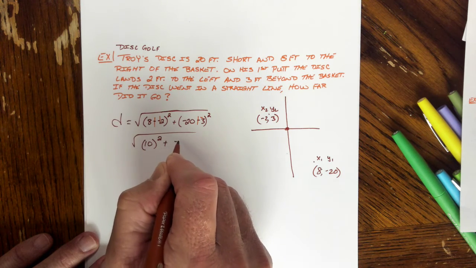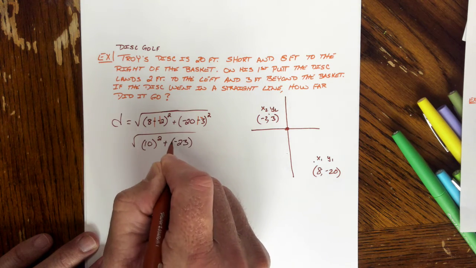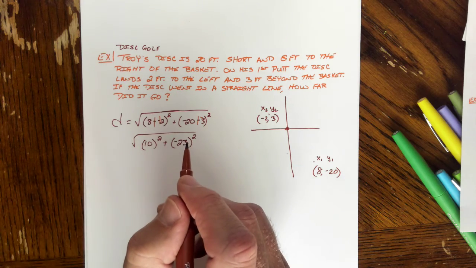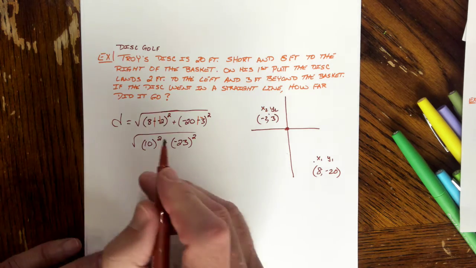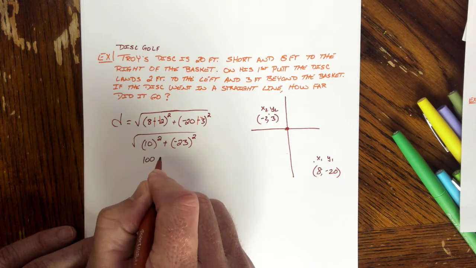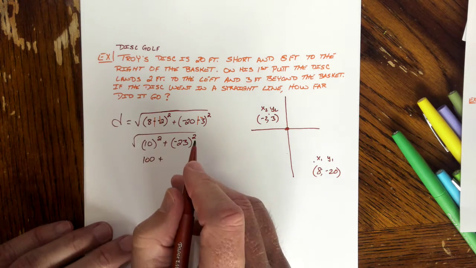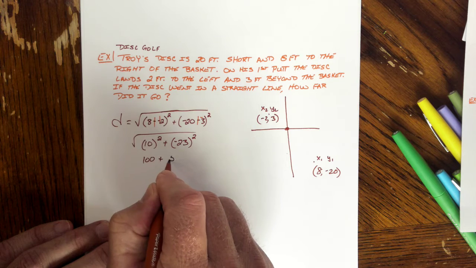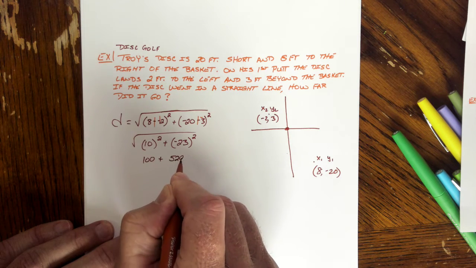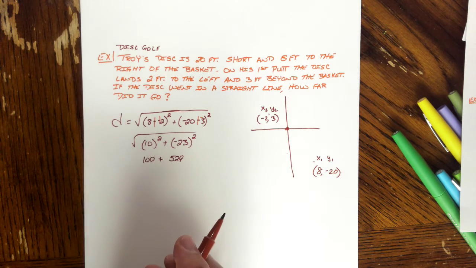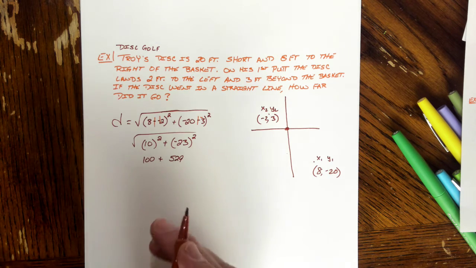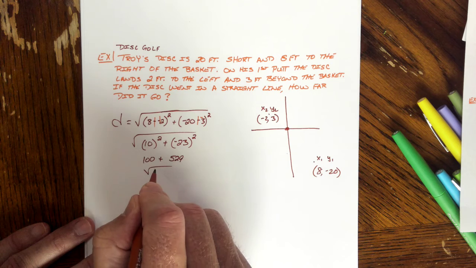I've got a -23. I'm going to square it. That gives us 100 plus 529. So as we do this, we are going to get the square root of 629.